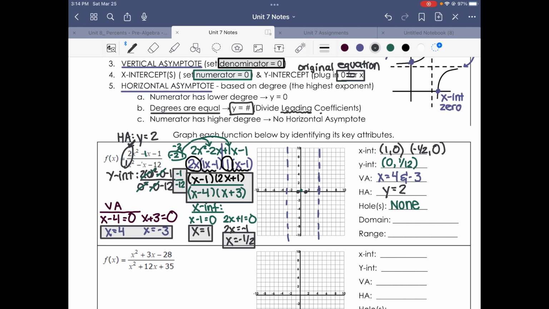If the degrees were not the same, if the numerator has a lower degree, like x over x squared, then it would be y equals 0. If the numerator has a higher degree, then there is no horizontal asymptote. It has what is called a slant asymptote.